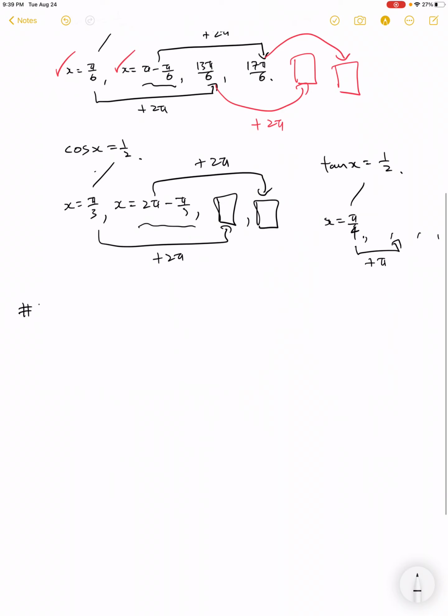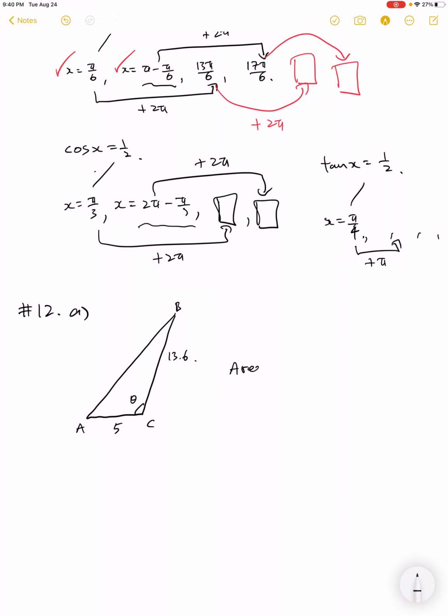So question 12a, I'll try my best to draw this triangle as neat as possible. A, B, C. We know that AC is 5, BC is 13.6, and we have this angle, let's just call this angle theta for now. And we also know the area of this triangle is 20 centimeters squared.